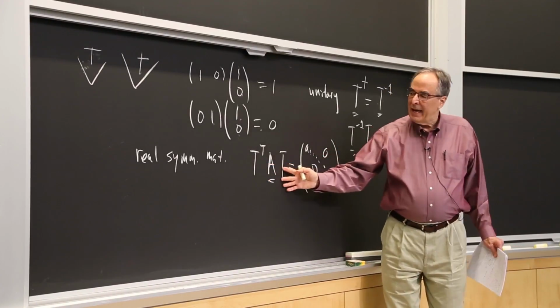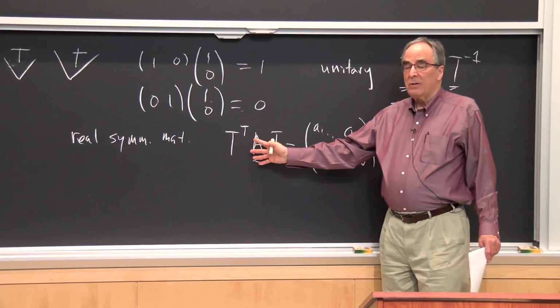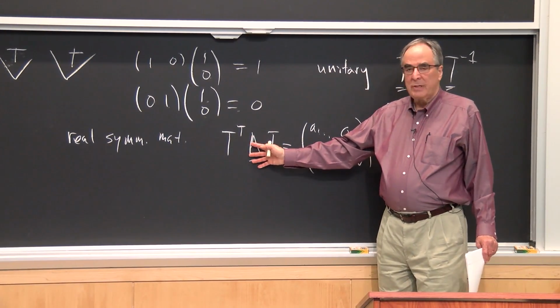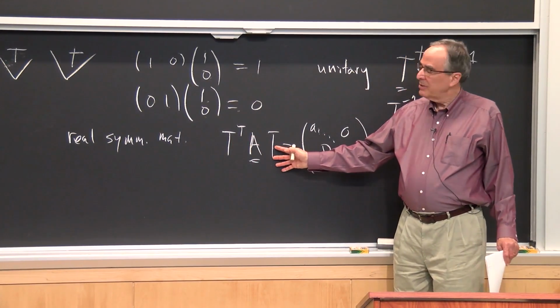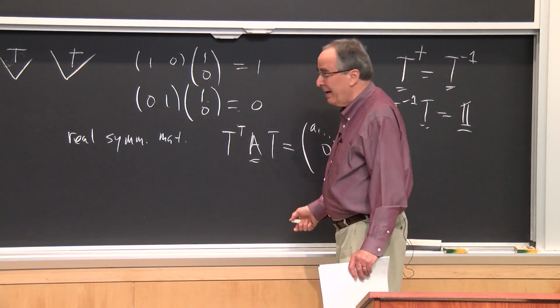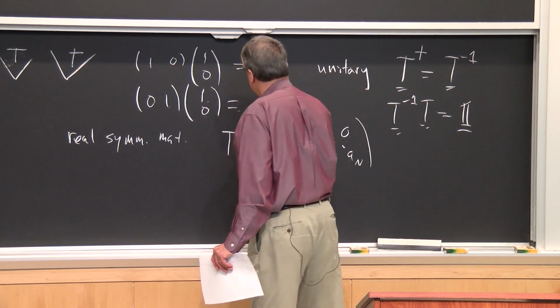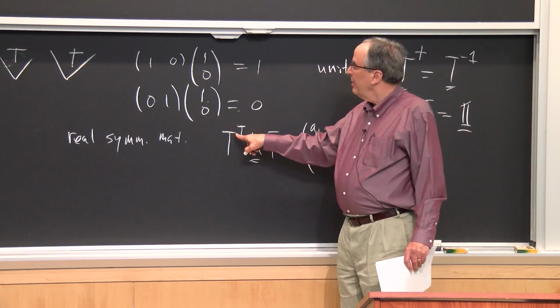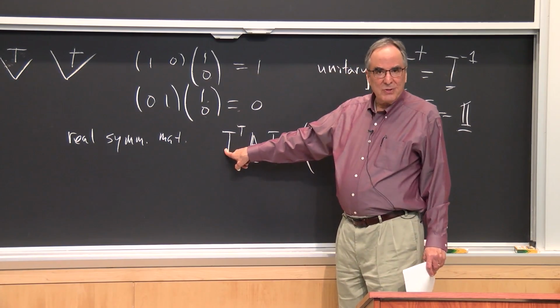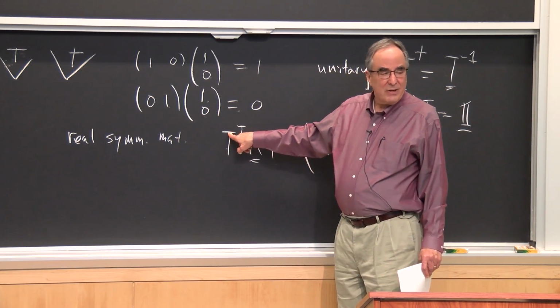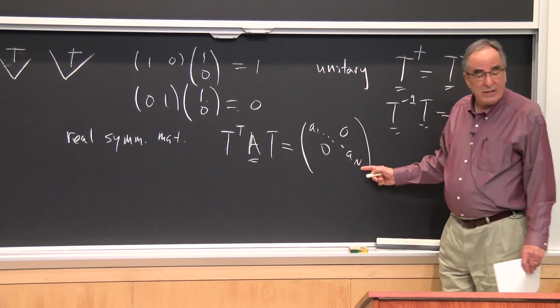So you can diagonalize a real symmetric matrix by this kind of a transformation. That's called an orthogonal transformation. And if it's not real, then you use the conjugate transpose, use the dagger, and you still get the diagonalization.